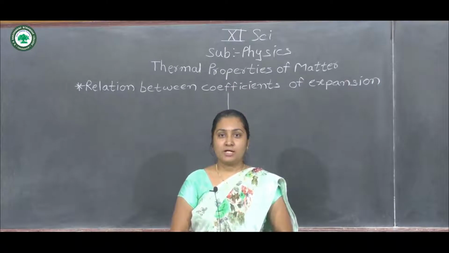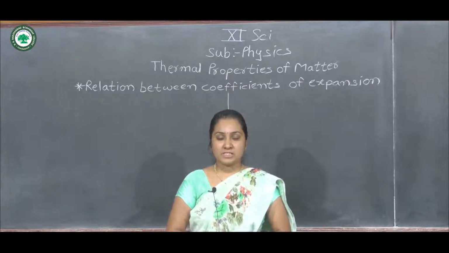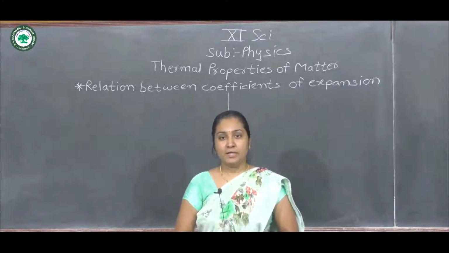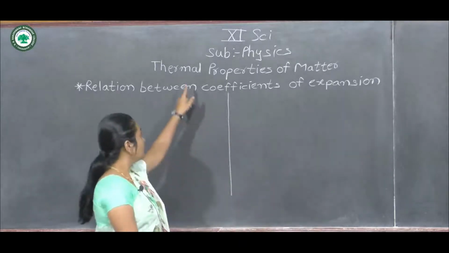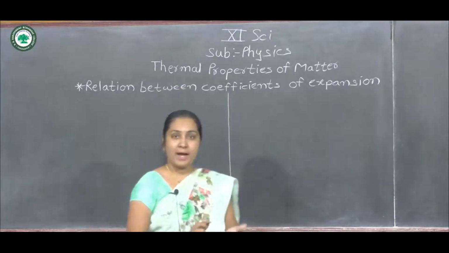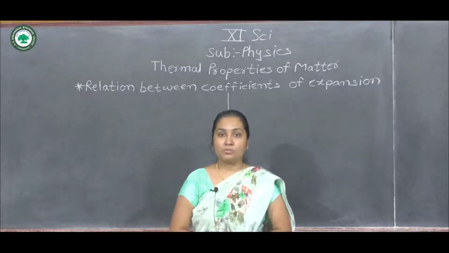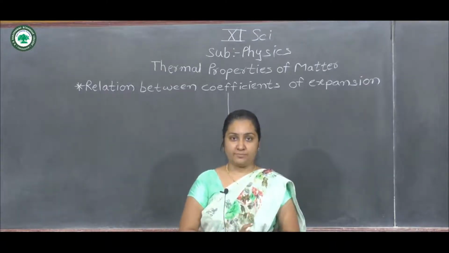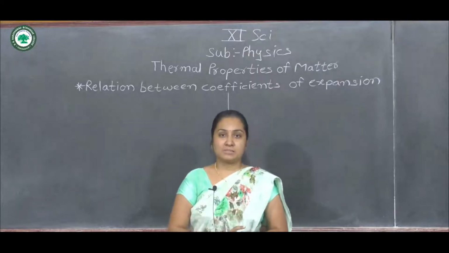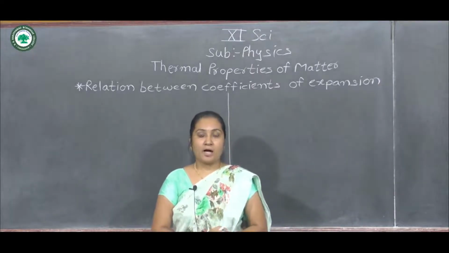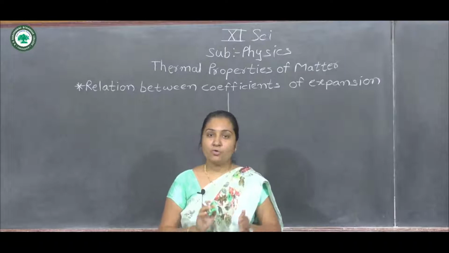We are going to study 11th Science Physics chapter number 7. Name of the chapter is Thermal Properties of Matter. In the last lecture we studied thermal expansion, and in thermal expansion there are a total of 3 coefficients.